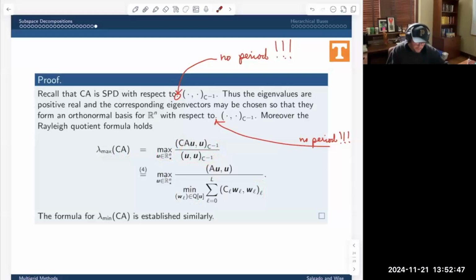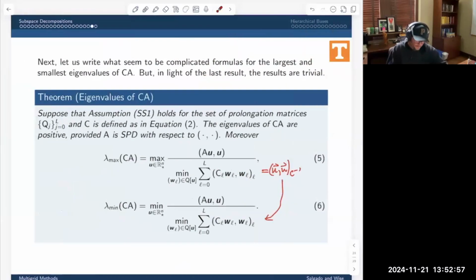So I get the same formula essentially, only this is replaced with a min, and I replace this by the thing I just proved, and you get the formula that you want. So min and min, or max with min.